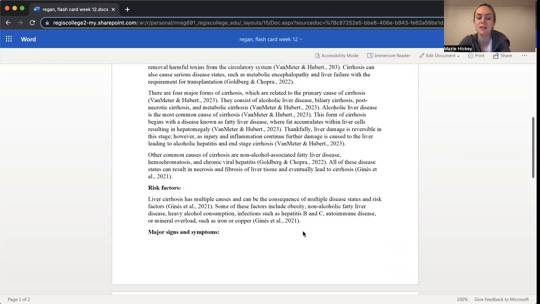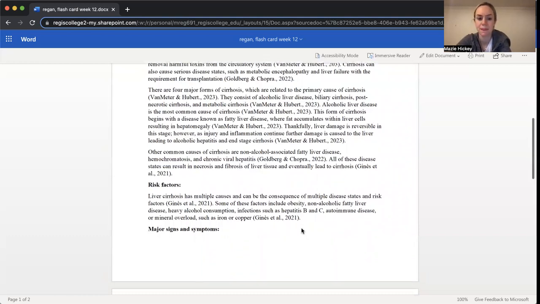Other common causes of cirrhosis are non-alcoholic associated fatty liver disease. Hemochromatosis is also another form, and then chronic viral hepatitis is another cause of cirrhosis. All of these states can result in necrosis and fibrosis of the liver tissue and eventually lead to cirrhosis.